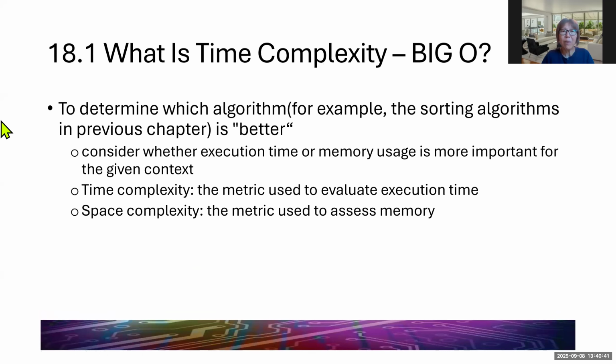So the first question is, what is time complexity and what is big O? Generally speaking, it's to determine which algorithm is better. If you recall, last chapter, we discussed various sorting algorithms. With the same size of data set when we do the sorting, which algorithm will be faster?